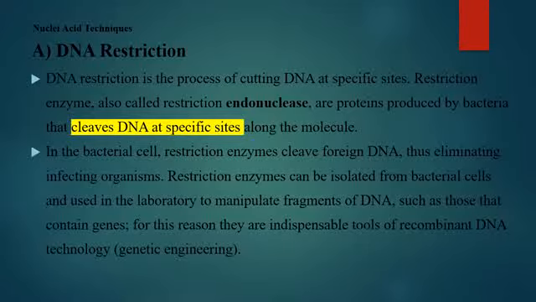These restriction enzymes are what scientists have been able to, shall I say, scoop out and manipulate for use in DNA restriction. These enzymes are known to have the ability to cut DNA or foreign DNA at particular points.